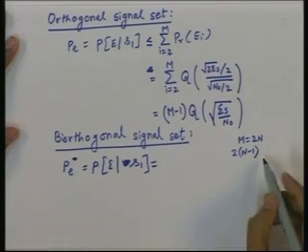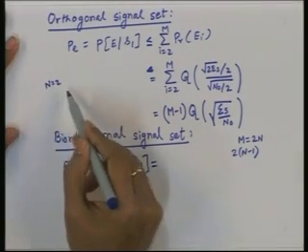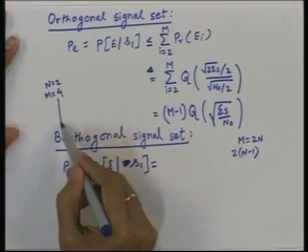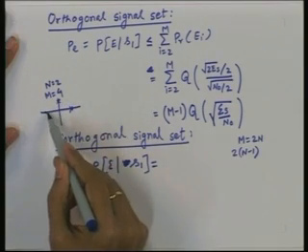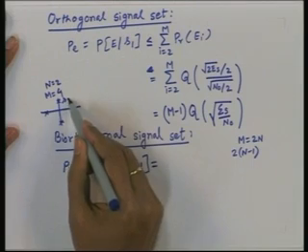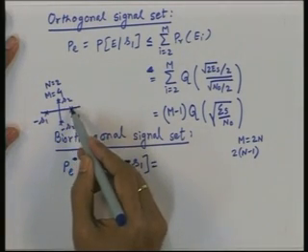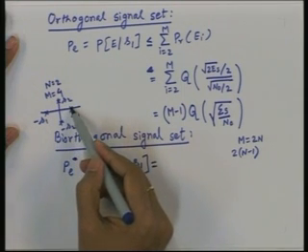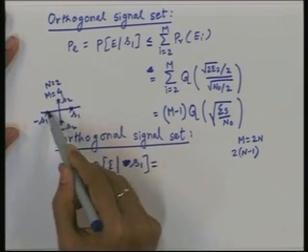So, just consider the case of 2 dimensions, that is n equal to 2, m equal to 4. So, this becomes the 4PSK signal set actually. This is S1, this is S2, this is minus S1, this is minus S2. So, if this is transmitted, this distance is different, this distance is same as this distance, but this distance is different.